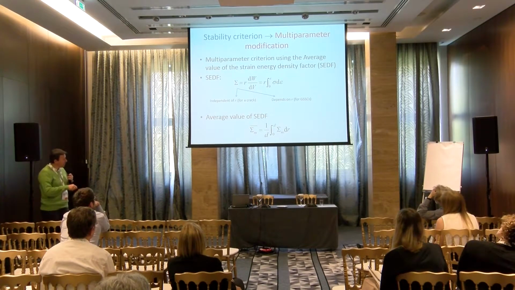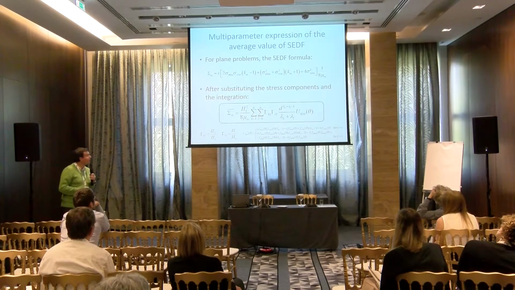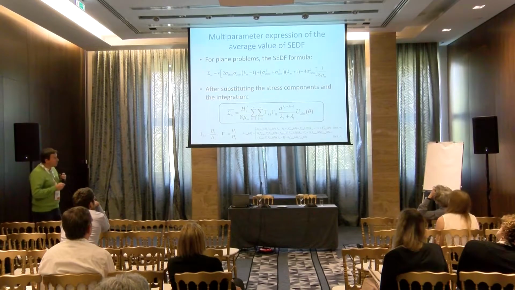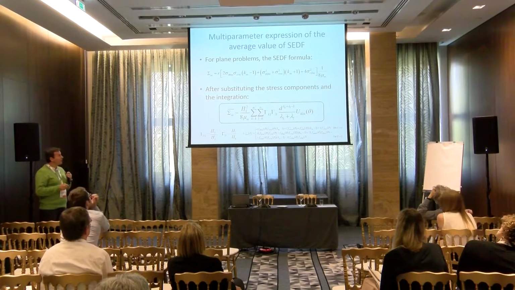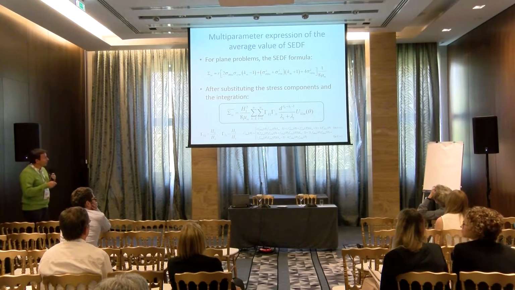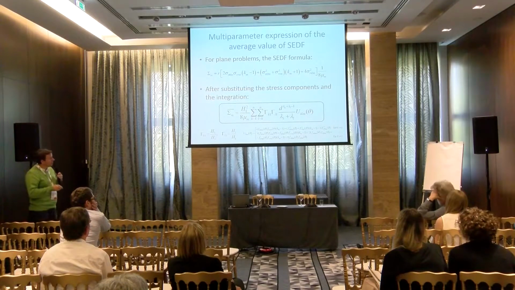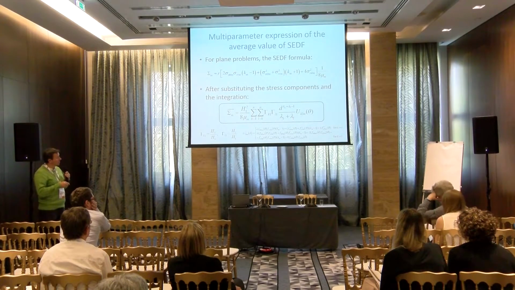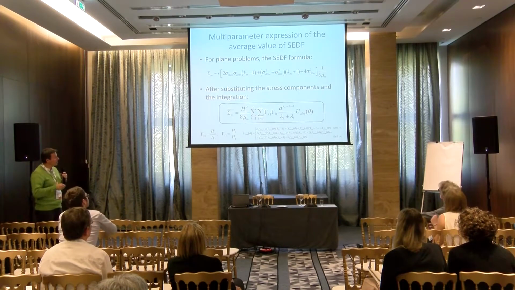And this quantity will be used to define stability criterion. So, as we consider plane problems, strain energy density factor can be obtained by means of stress components in this formula.